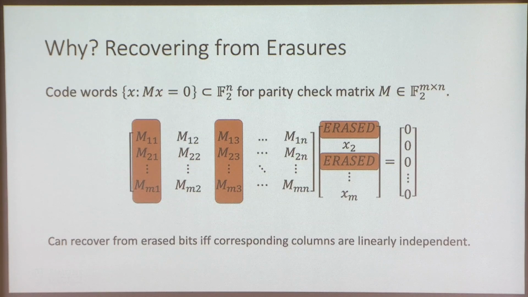Let's say you send these code words through some noisy channel, in which some bits might become corrupted and get erased, and your goal is to recover from these errors. You can exactly recover from these errors if and only if, when you send your code word through the channel, the corresponding columns in your parity check matrix for the bits that get erased are linearly independent, because then you can just solve a linear system to recover the bits.